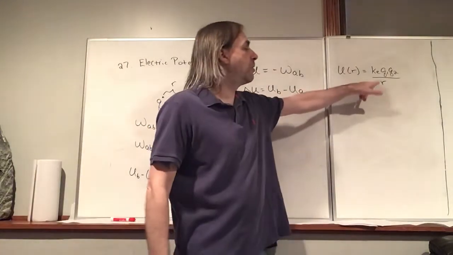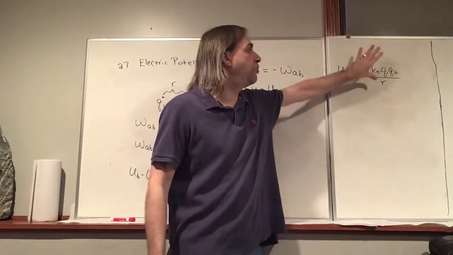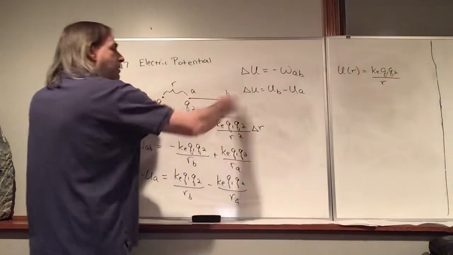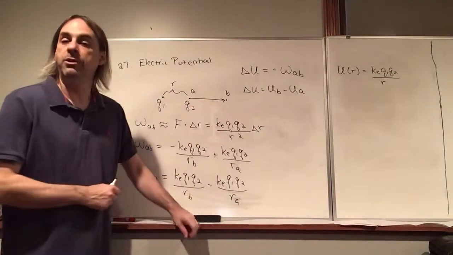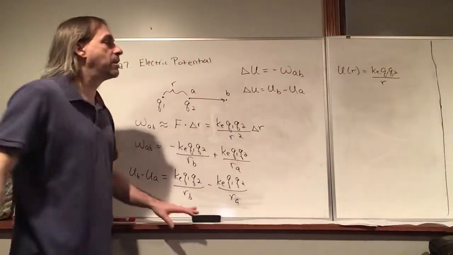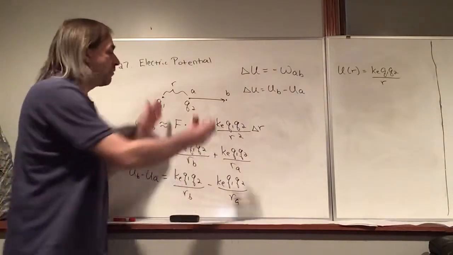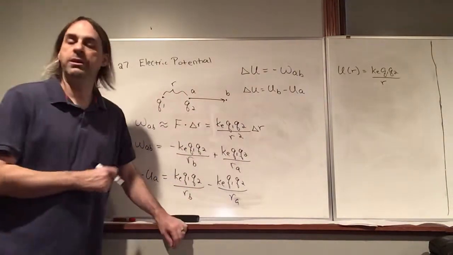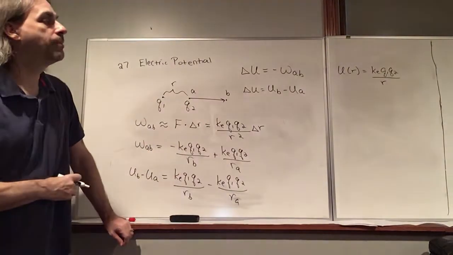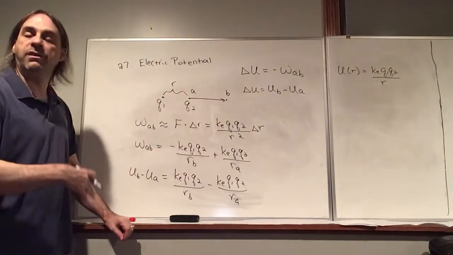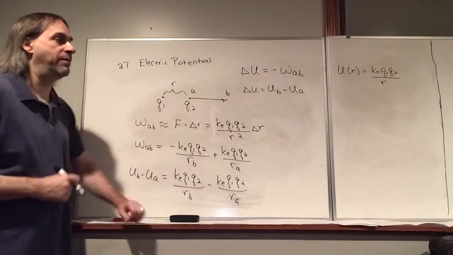If we set r to be infinite, or just very large, this term is 0, then we say there's no potential energy interacting between these two charges because they're so far away. So we can define a potential energy for this distribution of charges just as a function of r, where our 0 level is defined when the two charges are infinitely far away.